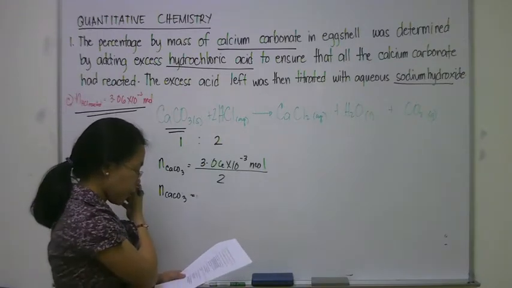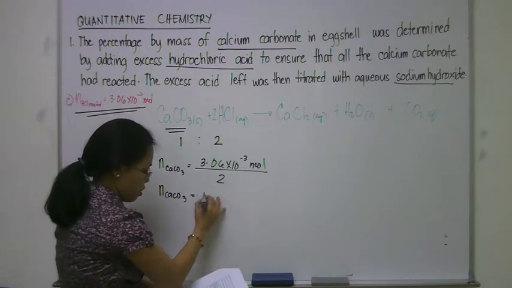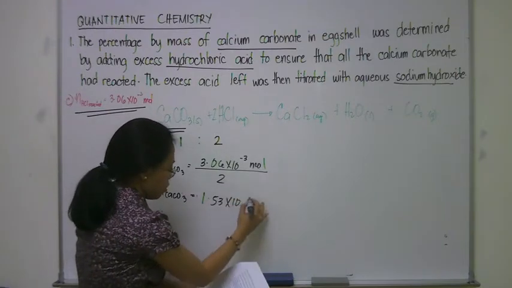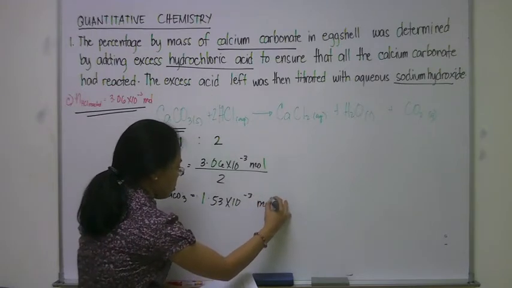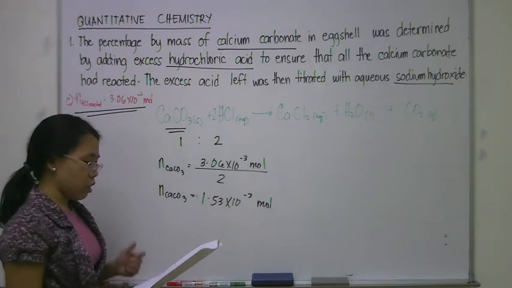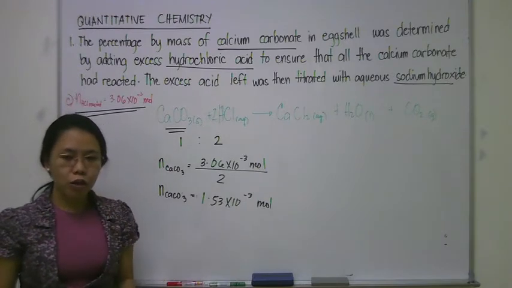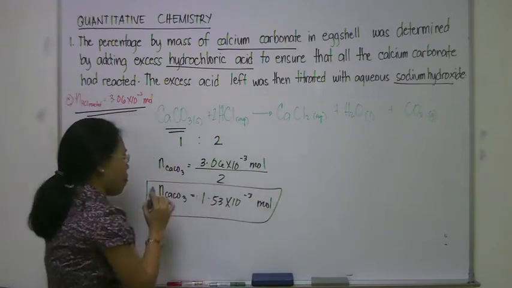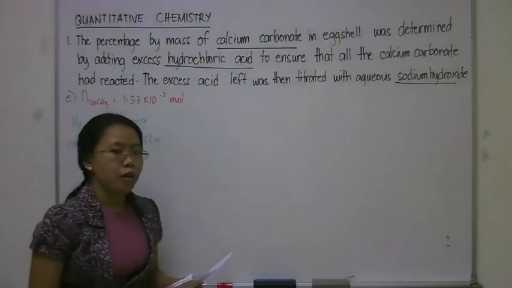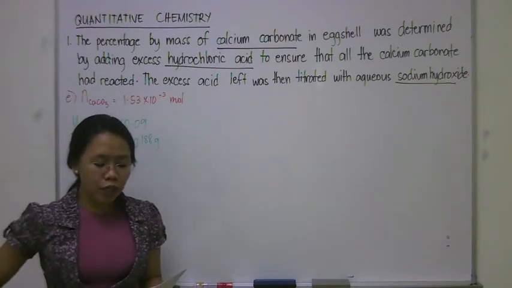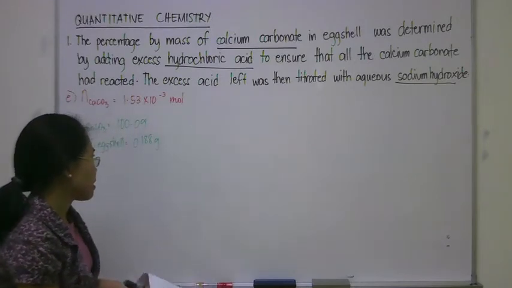Either way, it gives 1.53 times 10 to the negative 3 moles. This question is for 2 marks. 2 marks will be awarded for the correct final answer.